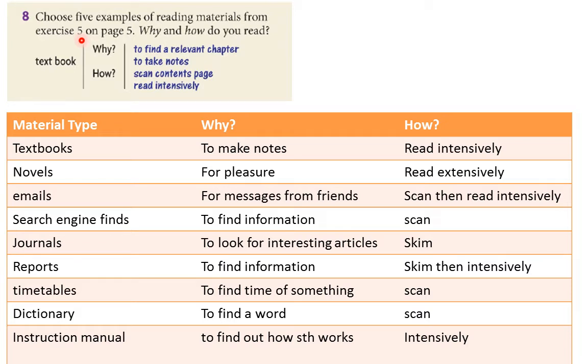Choose only 5 of them and write in front of each type of material why you are using this material and how. Why means the purpose of reading this type of material. How means the method of reading.